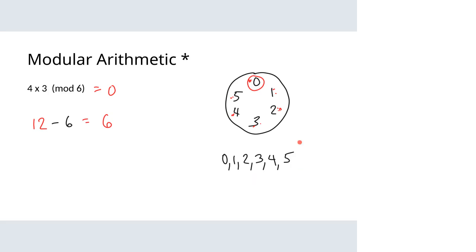Well, it doesn't, because mod 6 has a 0, and there are only 6 digits allowed: 0, 1, 2, 3, 4, and 5 are the only choices in a mod 6 system. So I don't have a number that's in my system yet, so it can't be the answer. I need to subtract 6 again, and when I do that, I land on a number that is in my mod 6 system, and so that's my answer here.